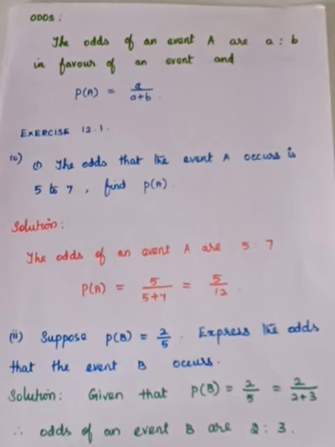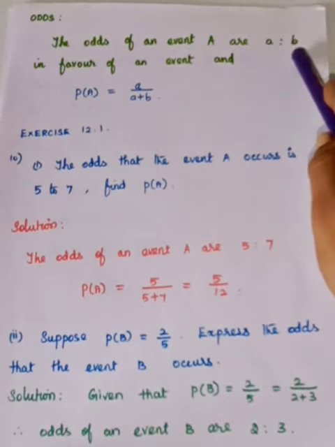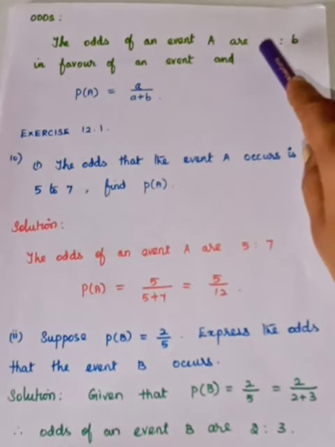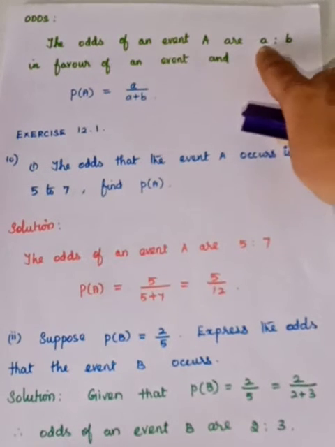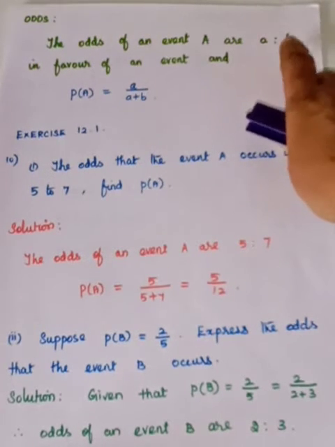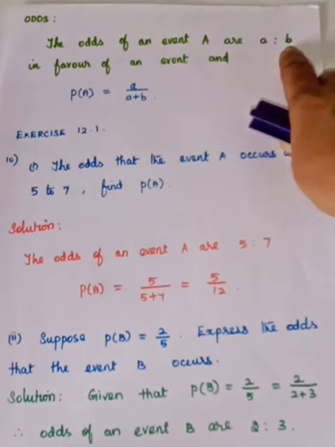It represents the number of ways that the event can fail to occur. If you write the relation like this, it is nothing but the odds of an event. So odds gives the relation between the chances in favor of that event to the chances against that event.